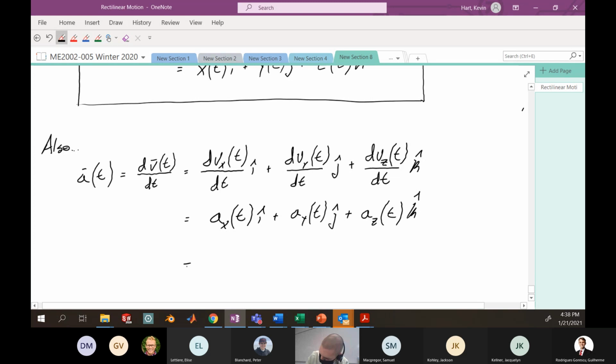And then the dot notation: x double dot. It's indicating 2 time derivatives. So fancy.